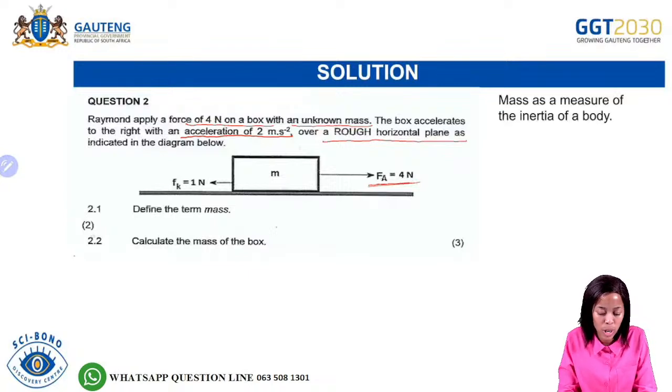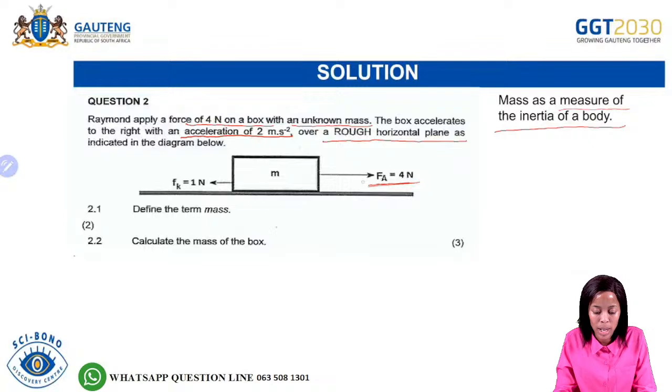So for the first one, 2.1, it says you need to define the term mass. When we were doing Newton's first law, we spoke about this one. According to the examination guidelines, we are going to define mass as a measure of the inertia of a body.